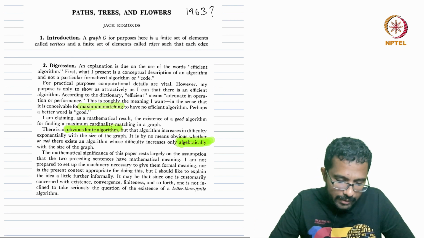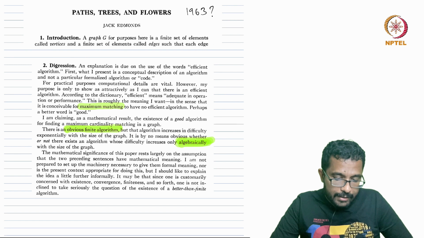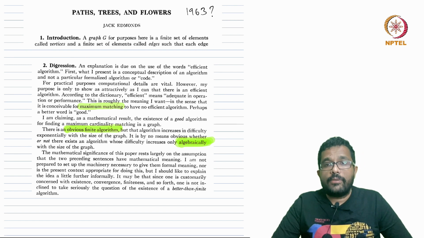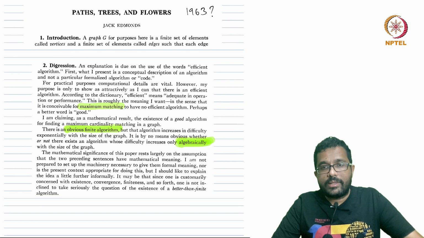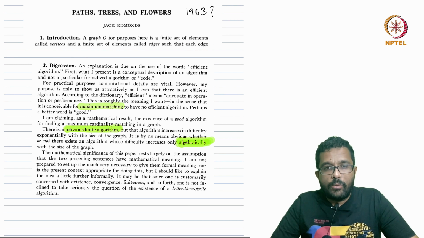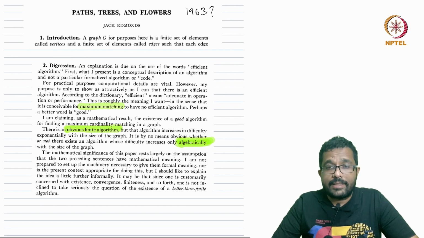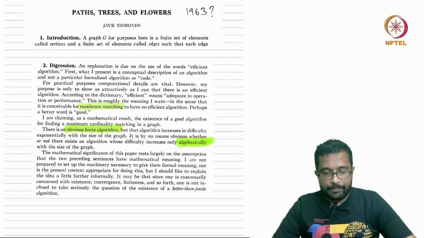Let me read out the rest. I am not prepared to set up the machinery necessary to give them formal meaning, nor is the present context appropriate for doing this. But I should like to explain the idea a little further informally. It may be that since one is customarily concerned with the existence, convergence, finiteness and so forth, one is not inclined to take seriously the question of the existence of better than finite algorithms, right?